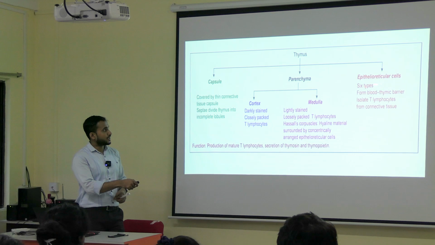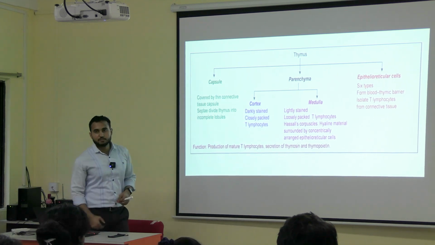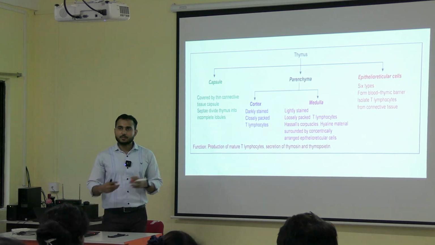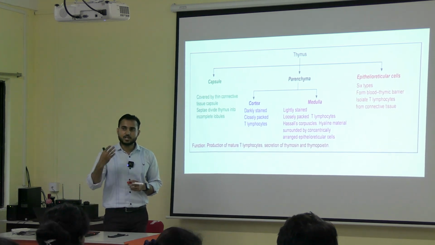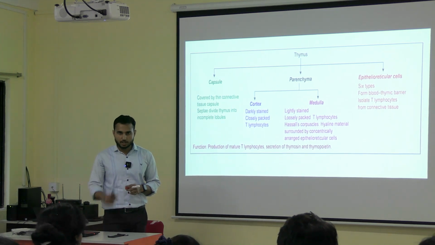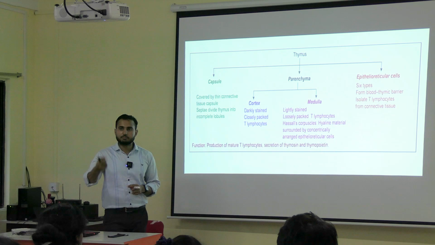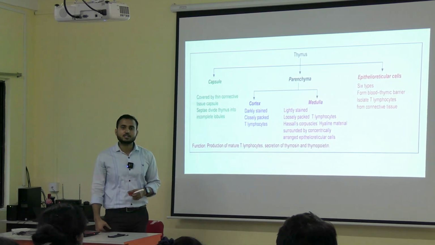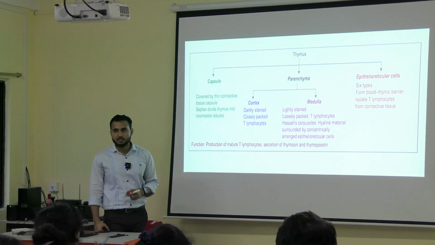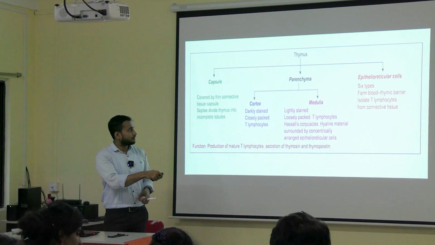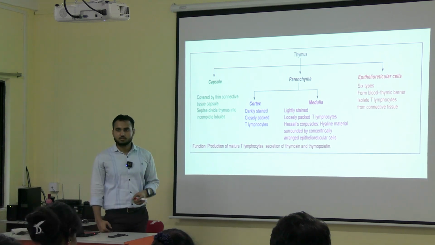Among them, the most important function of these cells is that they help in the maturation and development of T lymphocytes. Along with that, another important function is that they form the barrier, the blood thymic barrier.